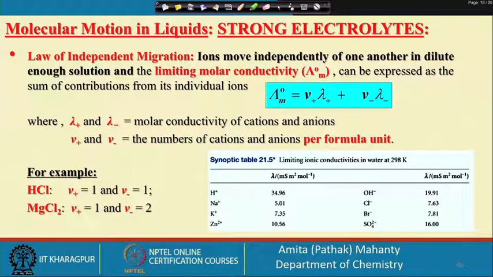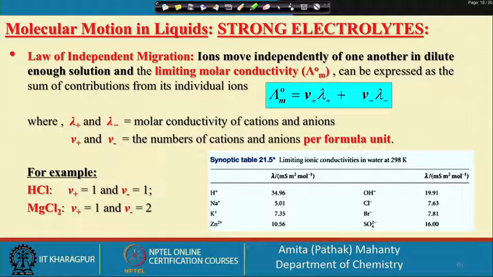So if you want to find the limiting value of the molar conductance, what will it be? It will be nu plus into lambda plus, plus nu minus into lambda minus, where lambda plus is the molar conductance of the positive ion, and lambda minus is the molar conductance of the negative ion. These ions are moving independently of each other, and the conditions are very dilute.